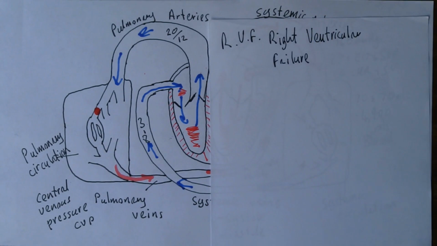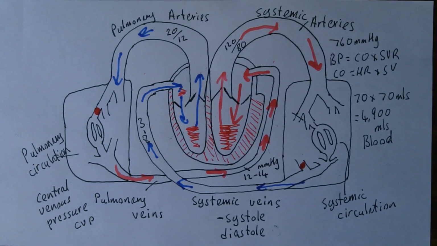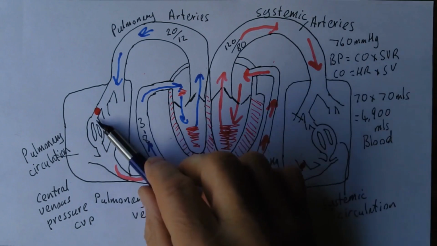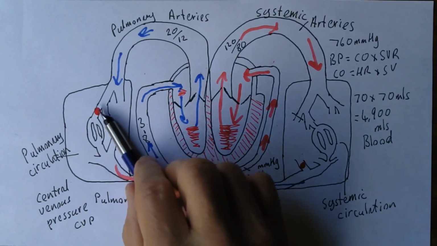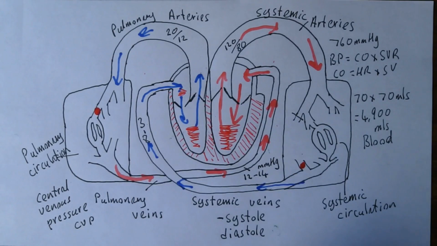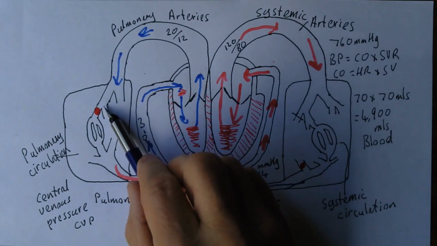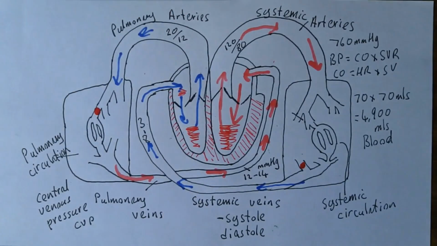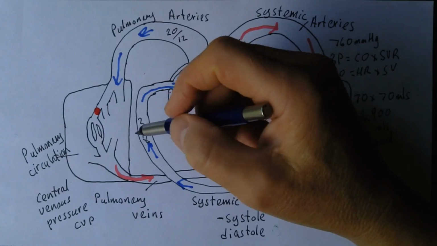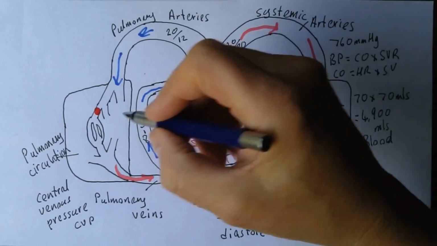Now, we have noticed that right ventricular failure can develop secondary to lung disease. If there are problems in the lungs where there's not enough oxygen in the alveoli, there's going to be a reflex pulmonary arterial vasoconstriction. It's going to close down.